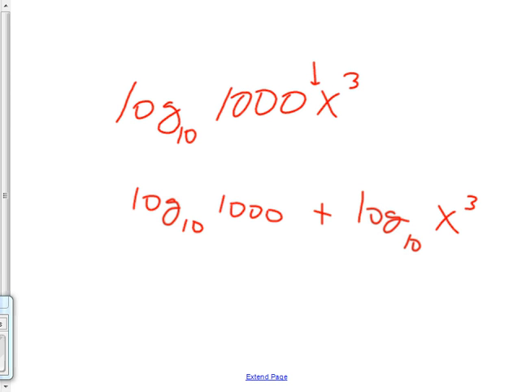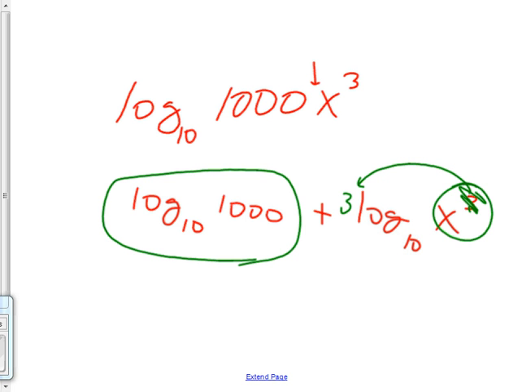Now, if I'm expanding all the way and simplifying all the way, there's still two things wrong. This part right here is an argument that hasn't been broken up all the way. So I take the 3, put it down front. And then this part right here can be simplified. You have to simplify it all the way. I'm not going to just finish that one. I'll let you think about how you could simplify that further.